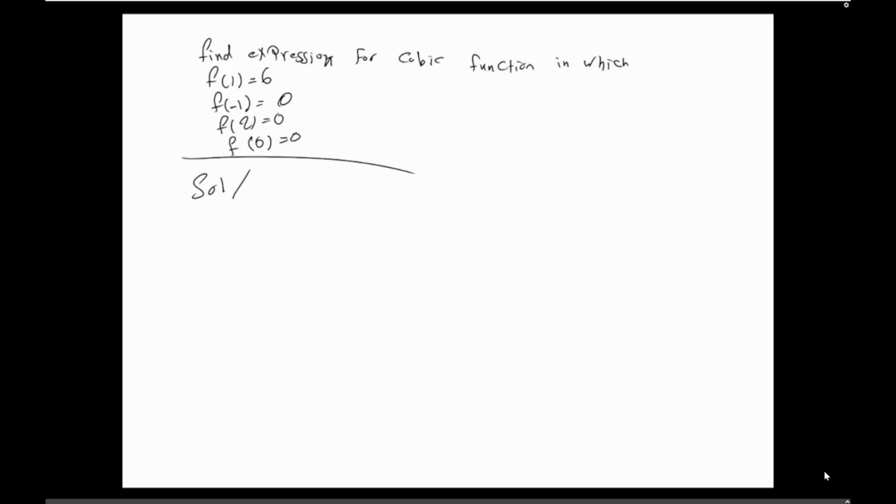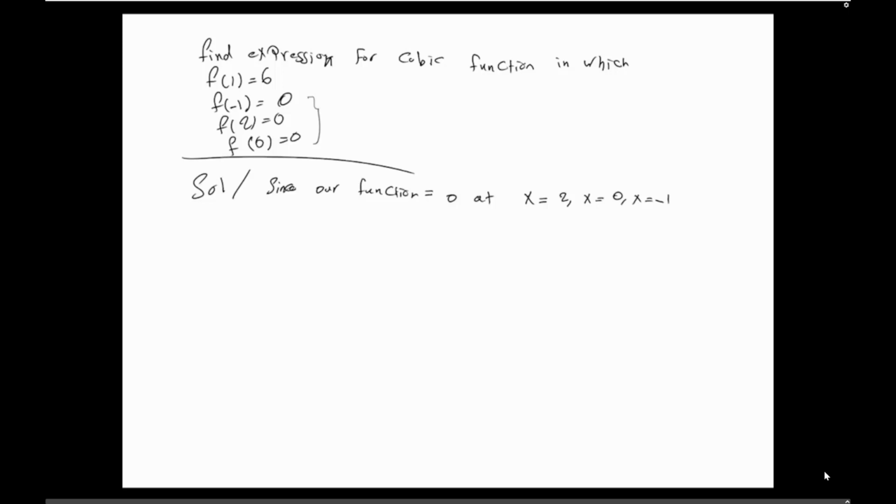As you guys see over here, our function is 0 at 3 values, since our function equals 0 at x equals 2, x equals 0, and x equals minus 1.